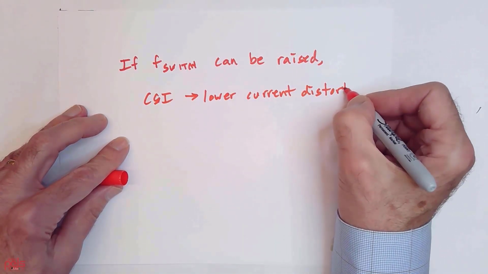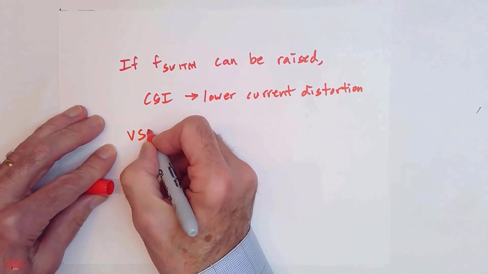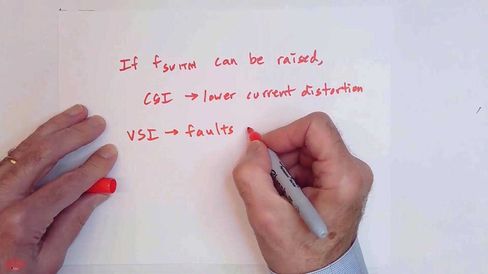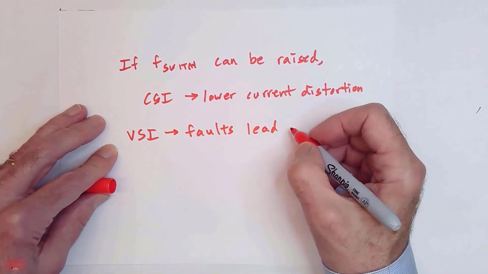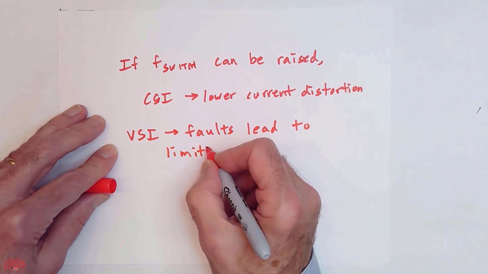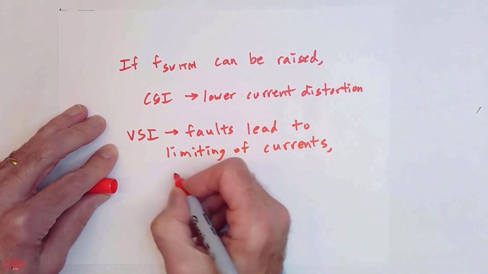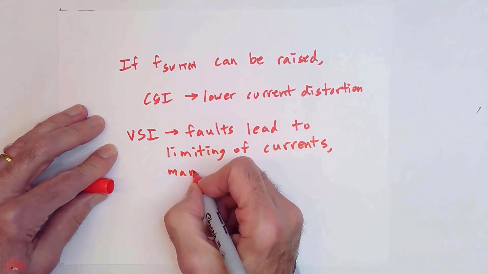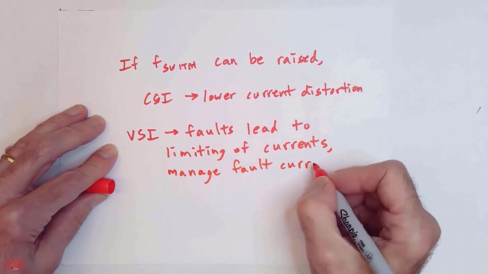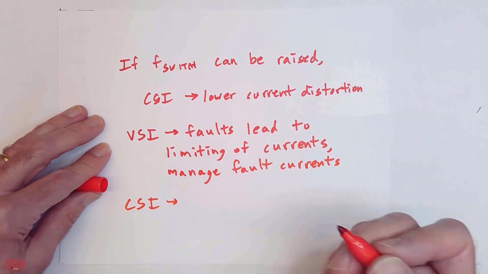And the other really interesting thing is that in a voltage source inverter, in fault situations, you're really interested in trying to limit currents and management of fault currents. Okay, in a current source inverter, the dual applies.